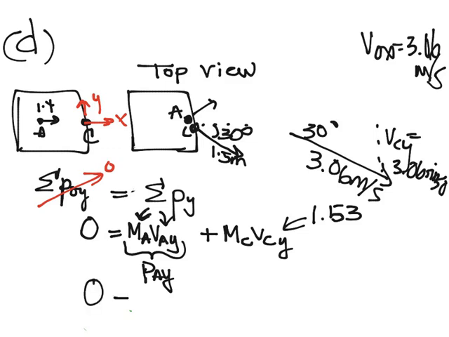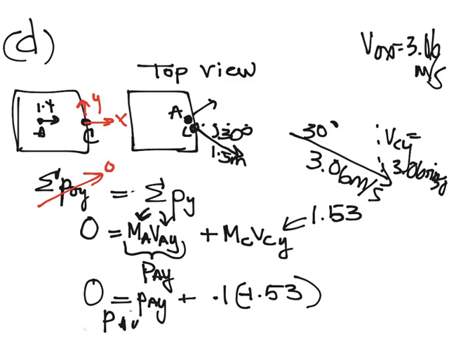So I have 0 equals p A y plus the mass of ball C, which I know is 0.1, times 1.53, and it's going sort of downwards in my y direction, so that's negative. So I have p A y is equal to 0.153, and I'm going to put my right units on it. It's kilograms times meters per second.